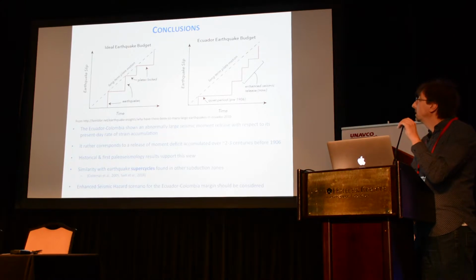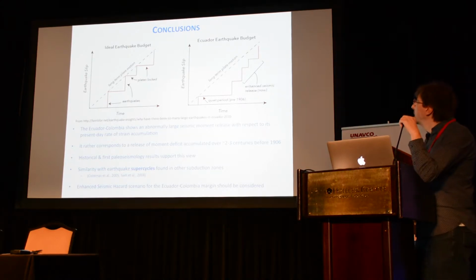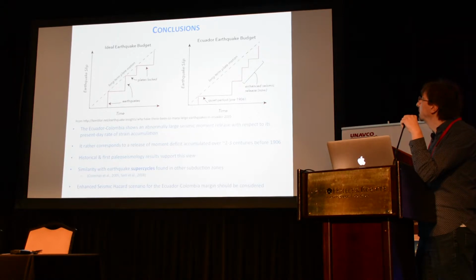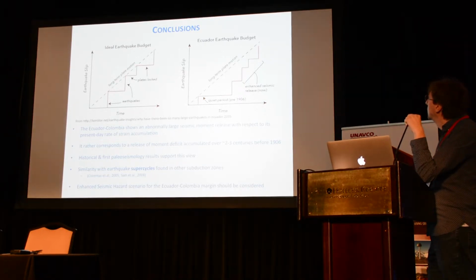So that's basically the conclusion on how it works. We are not in an ideal earthquake budget where we would have the long-term plate motion, strain, and moment deficit accumulation that we would catch up during a single earthquake at a regular interval. We are more in a scheme where we accumulate stress during several centuries, and this stress is released through a sequence of large earthquakes.